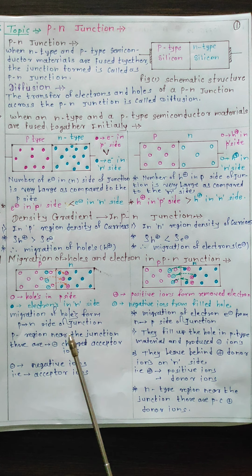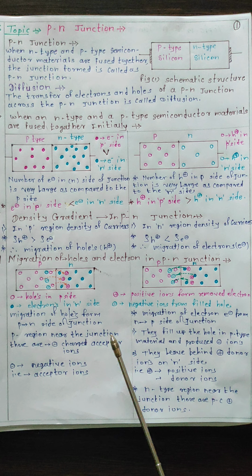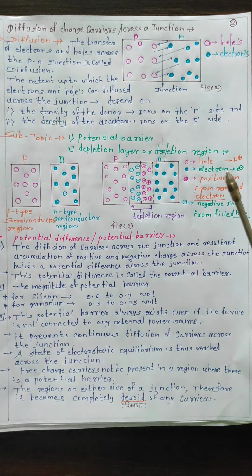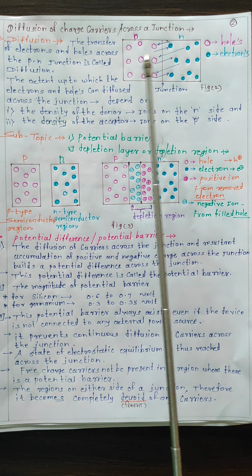So acceptor ions will be formed on the P side and donor ions on the N side. These acceptor ions are negative ions, and the donor ions are positive ions.